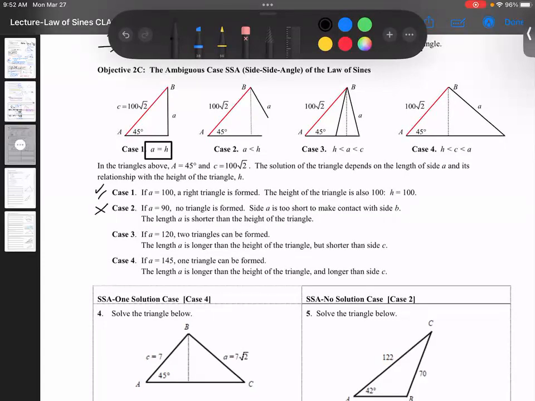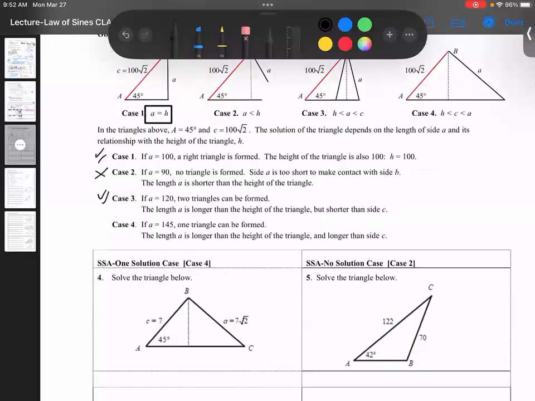If A is greater than 100, say A is equal to 120 units, then I can form two triangles. I know it's a little ambiguous. You'll understand the name soon when we do the problem.